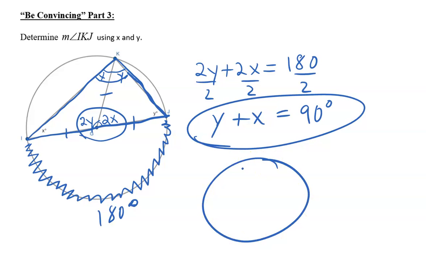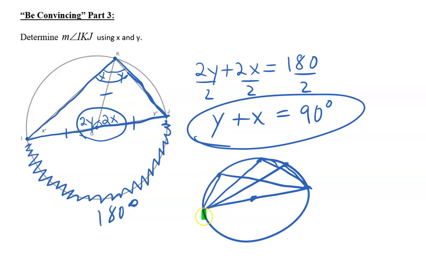So anywhere you have an inscribed angle, and I can draw an infinite number of these, what's always true is that the included arc is always a semicircle.